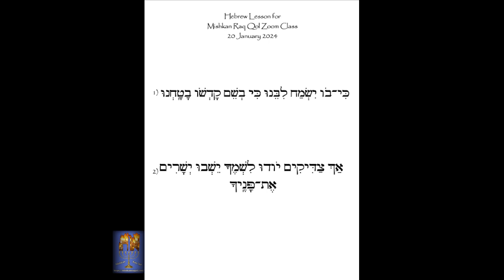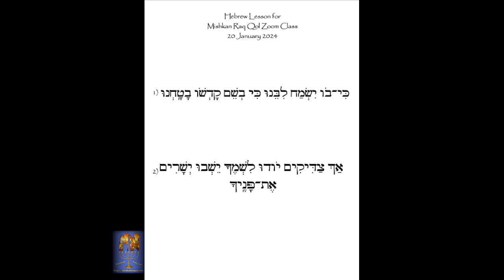All right, so we have the vet pointed with a vocal shva. Ve. Then we know that we have a shin here because the indicator's on the right-hand side. So we know it's going to be SH with a tsere, like a long duration E type vowel, with a mem sofit.